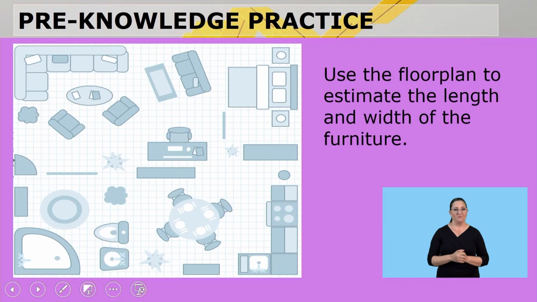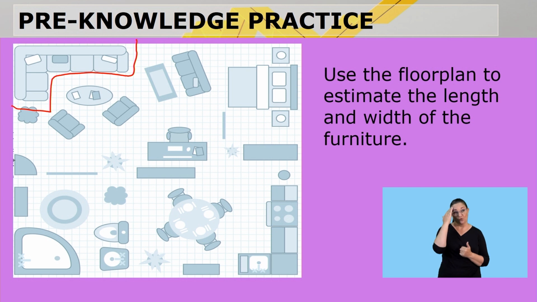Number 1, how to estimate length, and then the different units used to measure perimeter and area, and also your conversions. If we look at this floor plan of a house, let's try and estimate some of the furniture's length and width. Now, let's start with the couch there. We know that each seat is more or less 600 millimeters, so that you can sit comfortably.